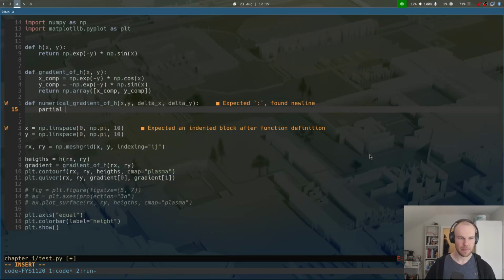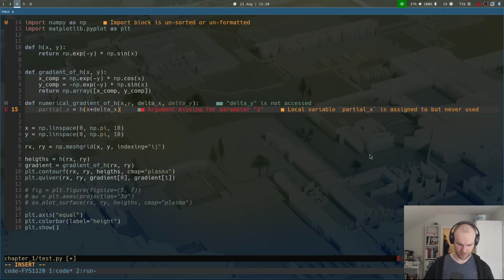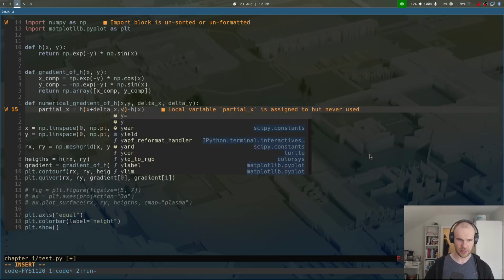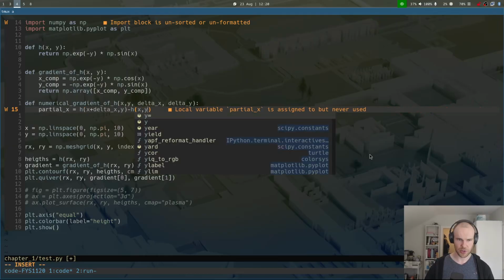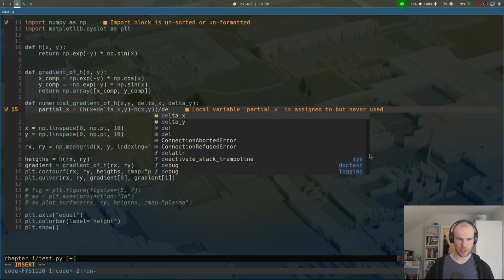We can say partial x is equal to that function we just wrote, which is h of x plus delta x, and then minus h of x. Of course, it has to be x comma y. This is the same as partial x of x comma y, and divide the whole thing by delta x.